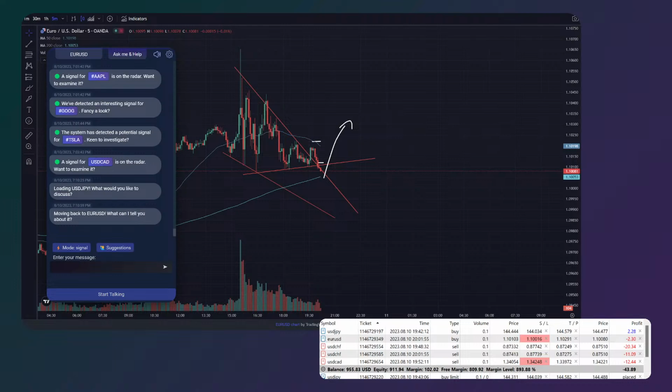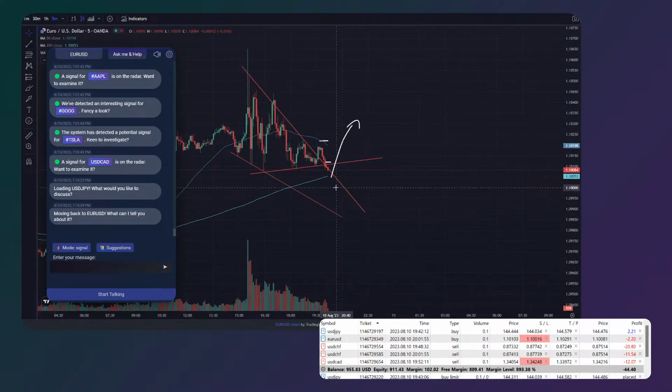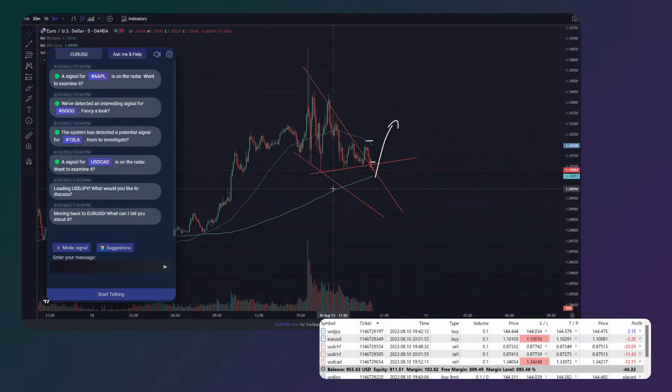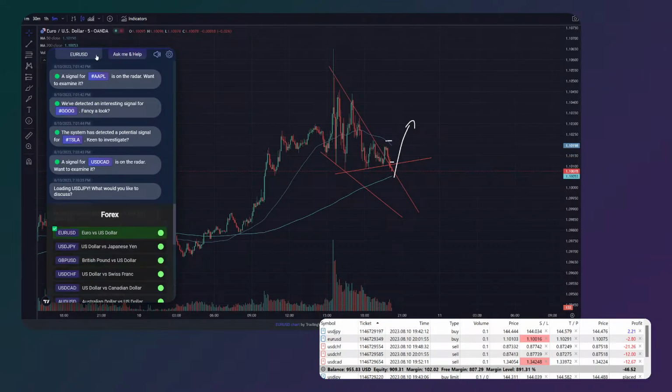Not happening yet. That's not a good sign. Alright, so it seems like it's gonna continue moving downwards, hopefully taking a decent hit at the moving average and doing some correction.